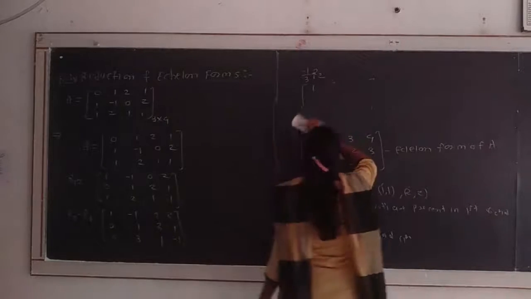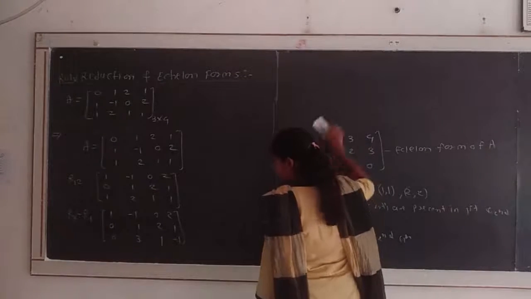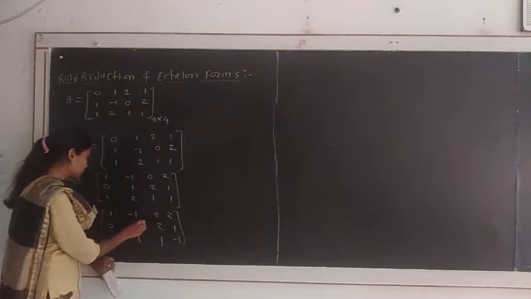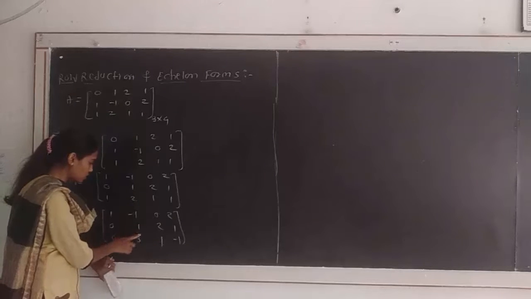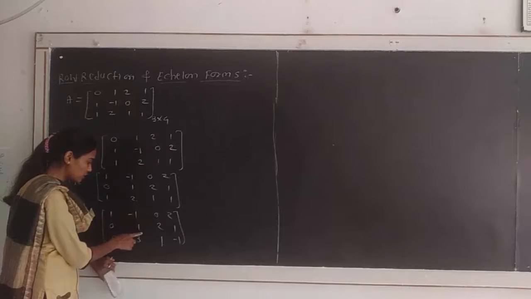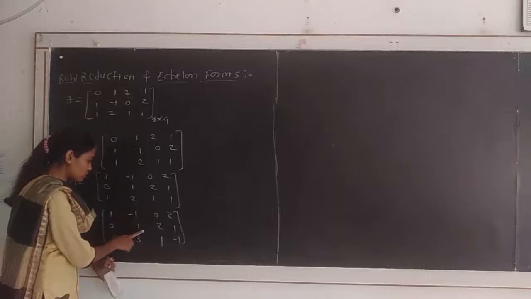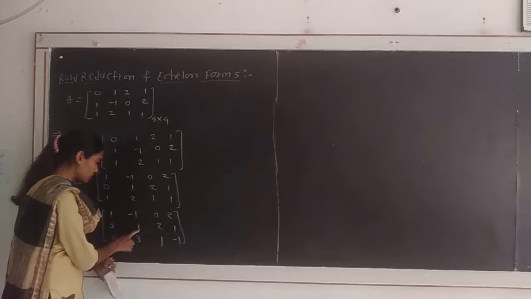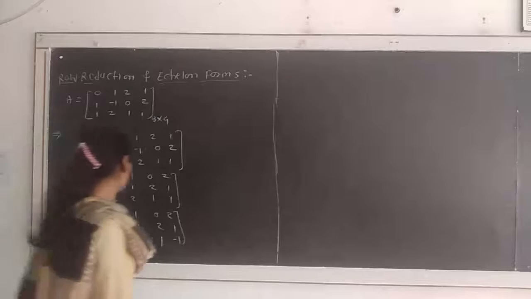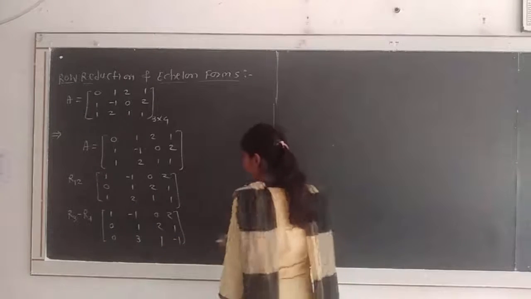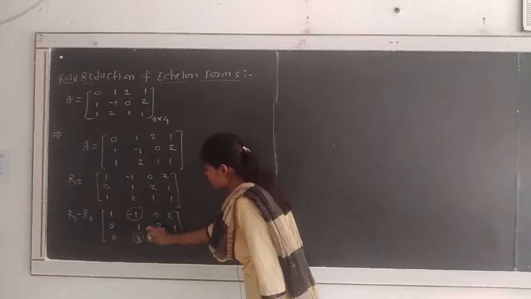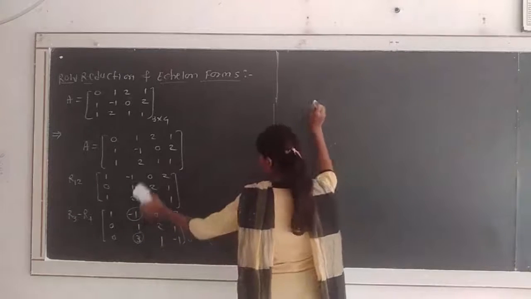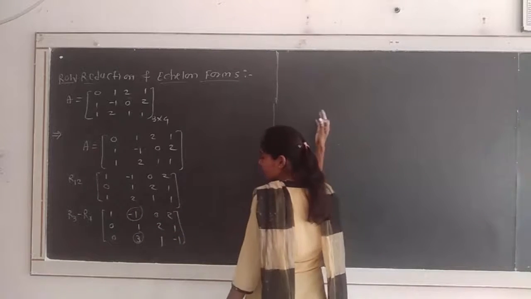Okay, next, in the second row the leading entry will be 1, because it is the first leftmost non-zero entry, in the 2 2 position. Using this 1 we have to make the entries above and below it 0, because we have to convert it into the reduced row echelon form.